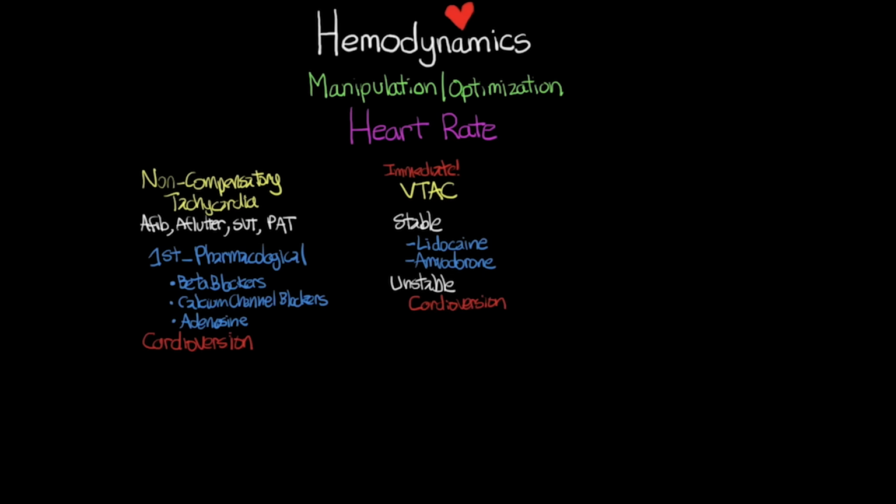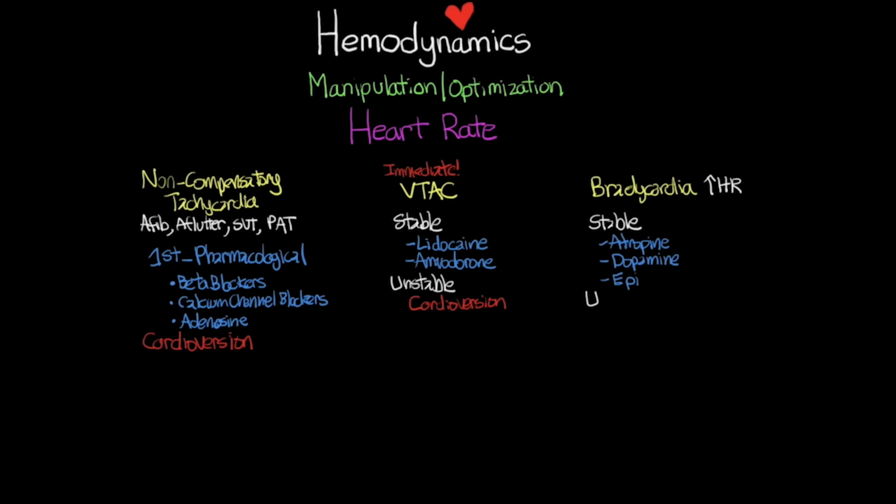All right, so the final situation in which we are going to treat our patients with their heart rate is our bradycardias. And this one, pretty simply, we just want to increase their heart rate. So again, if we have a stable patient, then we will try things like atropine, dopamine, or epinephrine.